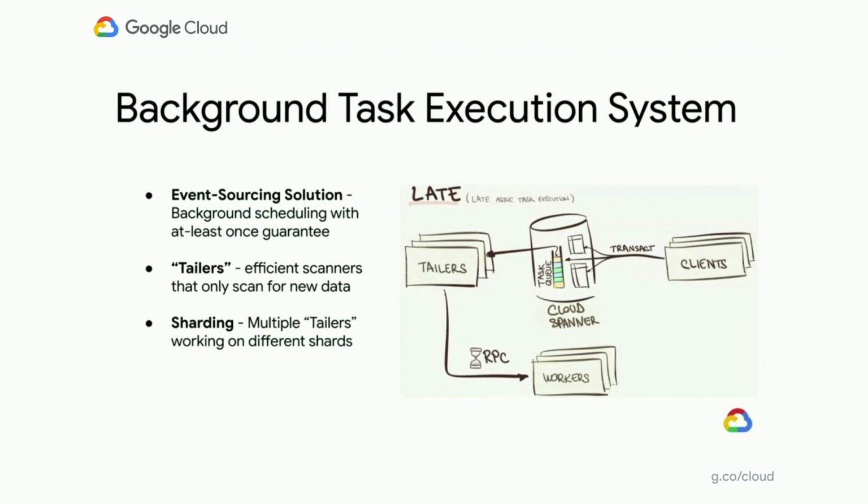They were named as tailers inspired by the Unix terminology, as the scans only look for new data. We were able to horizontally scale the system by having multiple tailers across different shards so that each scan got its own key space. This approach allowed us to detect any new tasks for background execution within milliseconds of them being registered.